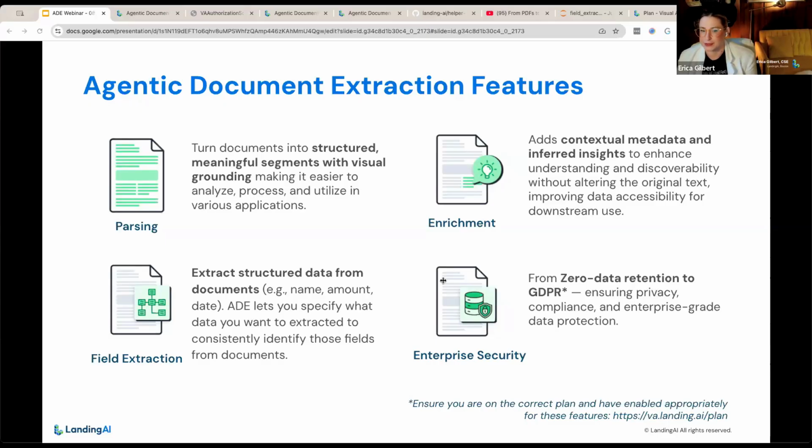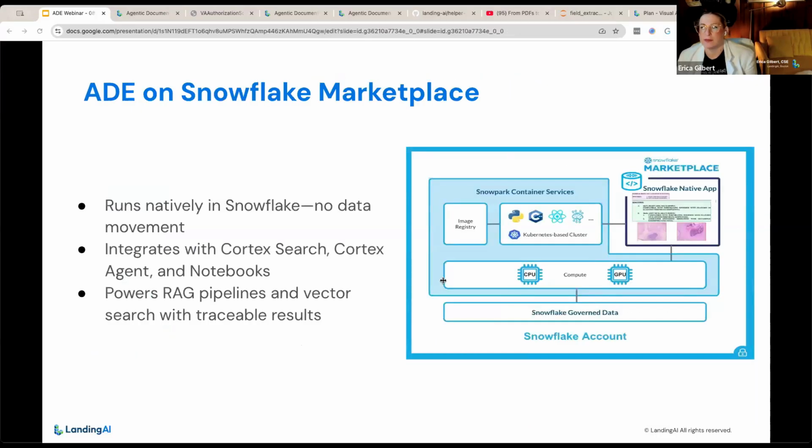our roadmap directions. We also offer our Agentic Document Extraction capability natively in Snowflake, which is really valuable because it eliminates data movement and actually integrates directly within Cortex Search, Cortex agents and notebooks.